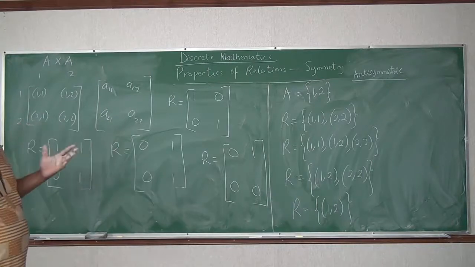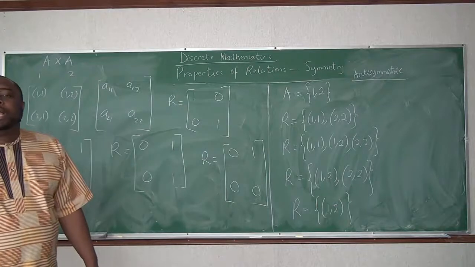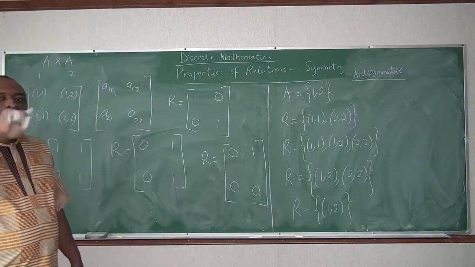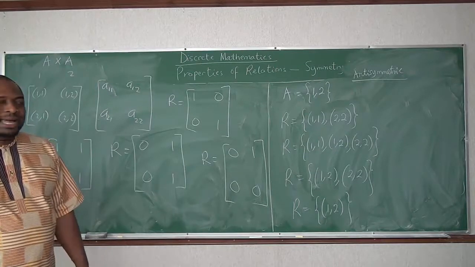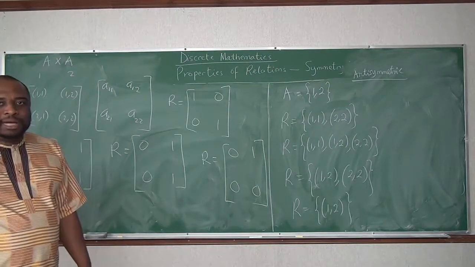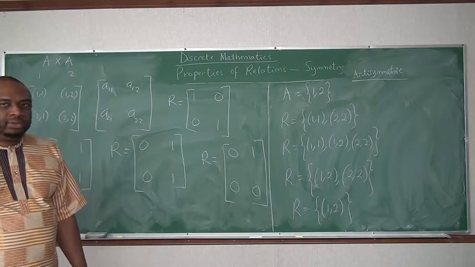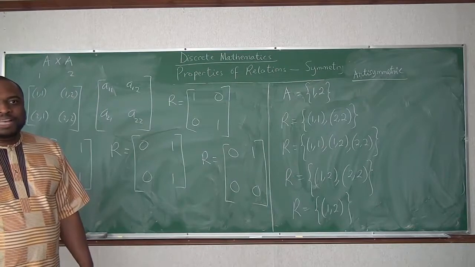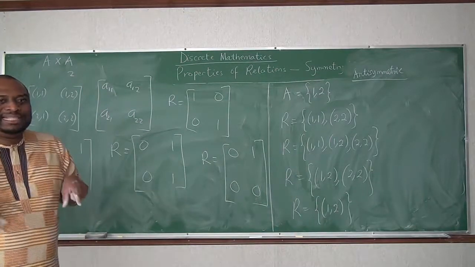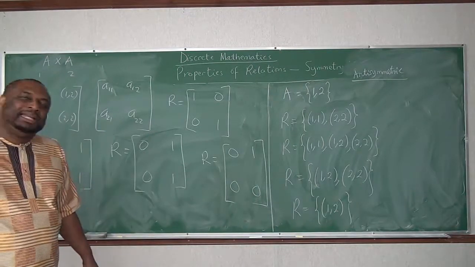And what about the digraphs? With antisymmetric, you can have loops in the digraphs. You just can't have edges as two-way, unless it is a loop. You can't have 1 to 2 going and then 2 to 1 going.